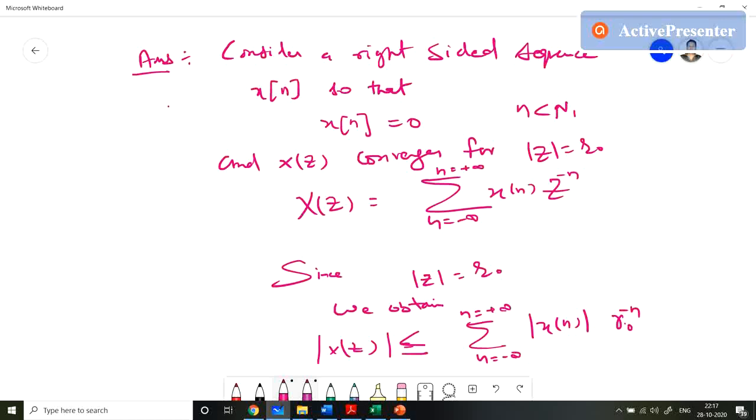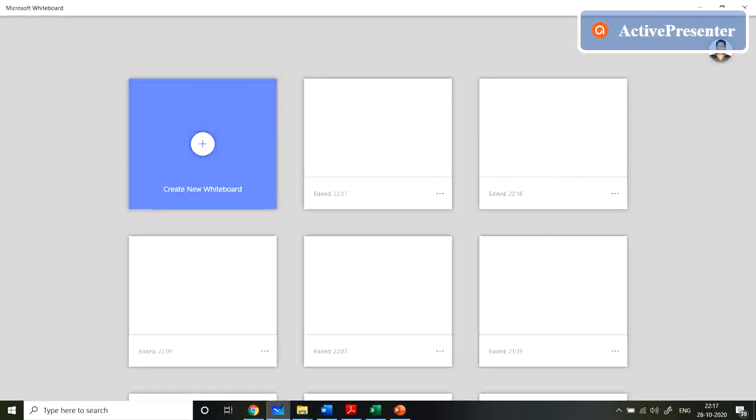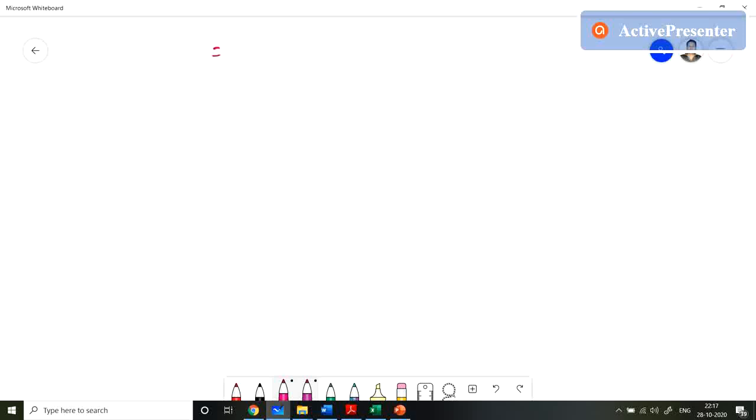So this is equal to the summation from n equals n1 to infinity of modulus of x[n] r0 raised to the power minus n, and that is less than infinity. Obviously it is less than infinity.